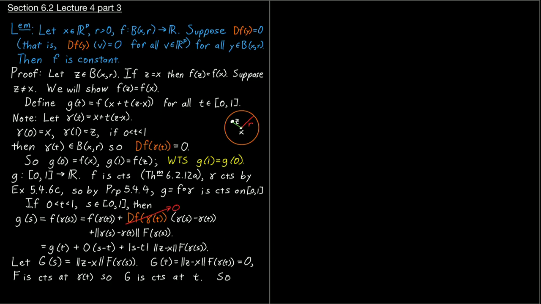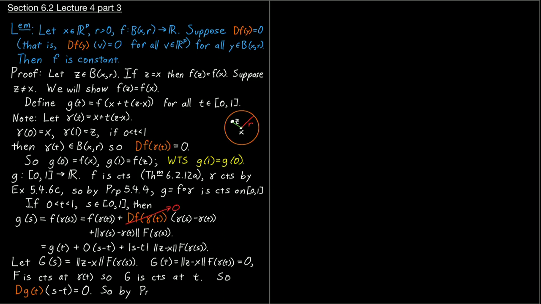So we've got that this looks an awful lot like our derivative equation. So we've got that g is differentiable in our strange new sense. dg of t of any number times s minus t is now 0.